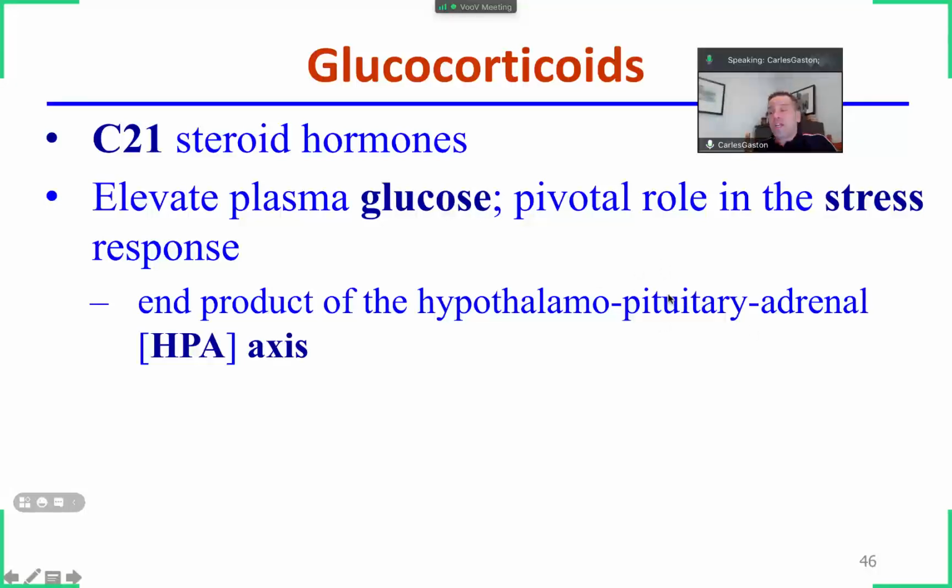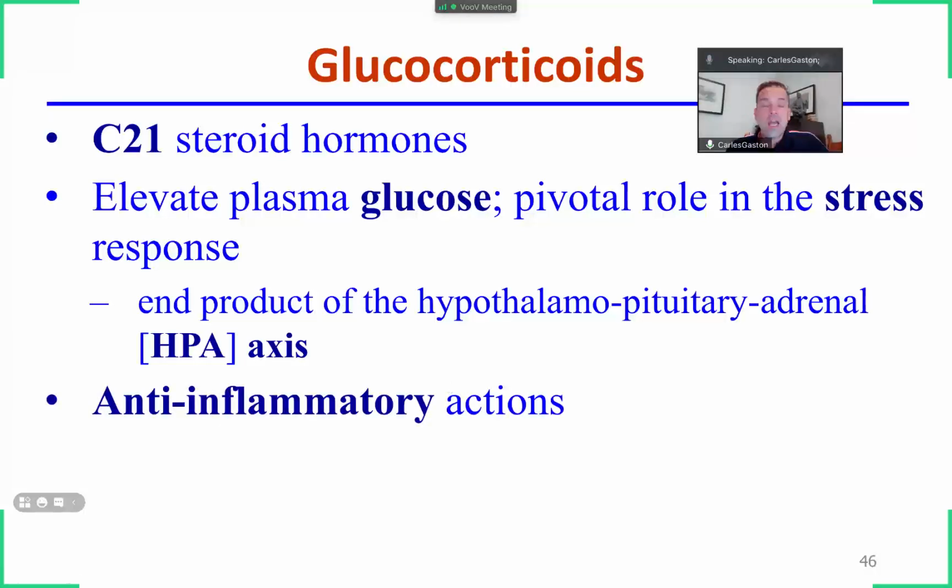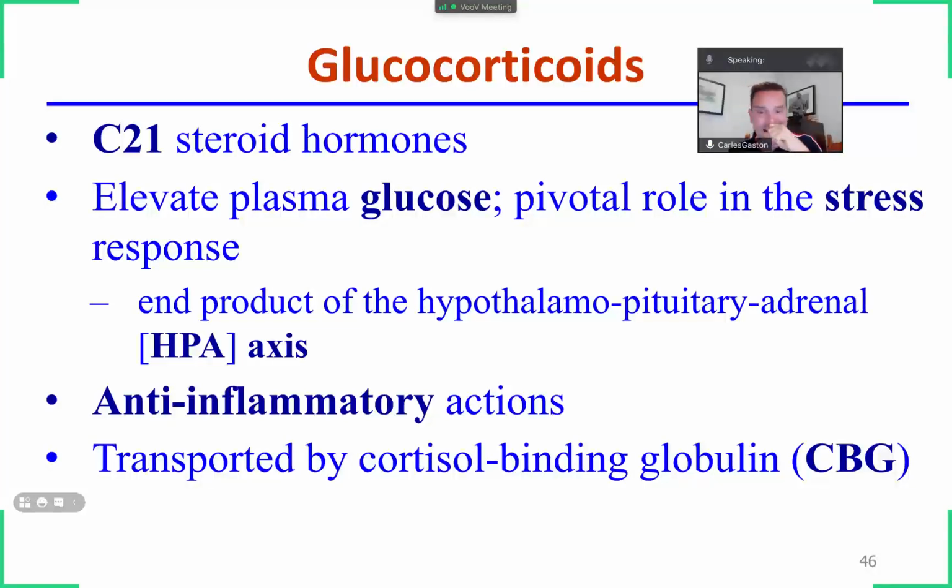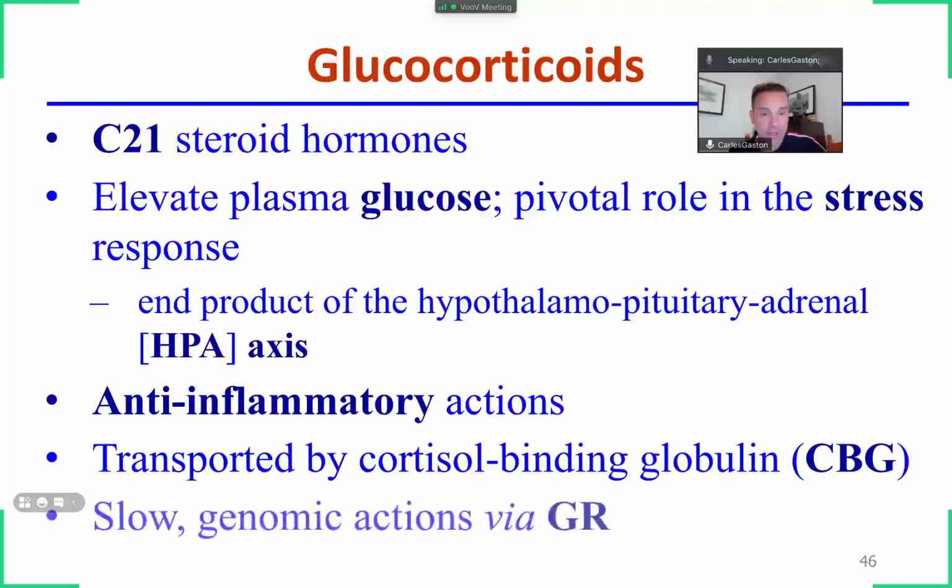The pituitary secretes ACTH, adrenocorticotrophin hormone, which goes into the circulation, and in the adrenal it activates the production of glucocorticoids. It has major anti-inflammatory actions and is transported by cortisol-binding globulin.